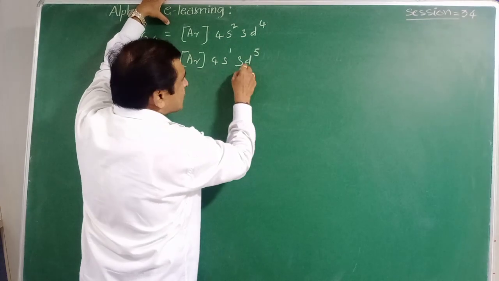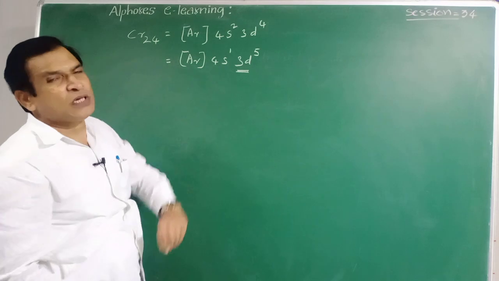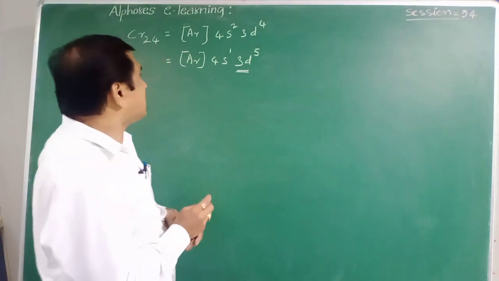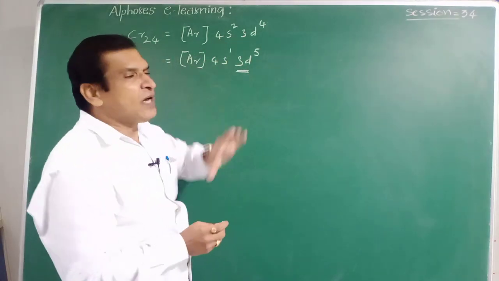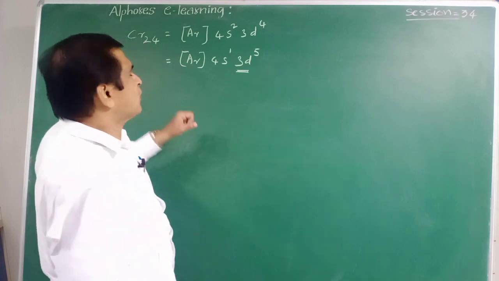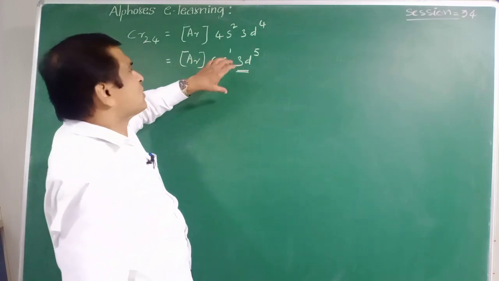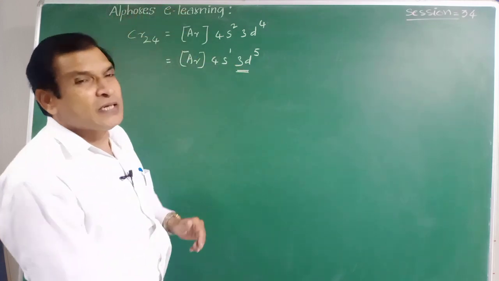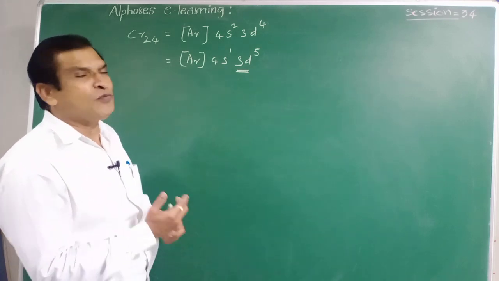According to Hund's rule of maximum multiplicity, half-filled d orbitals are more stable, therefore in order to acquire extra stability, chromium shows deviation from the normal electron configuration.